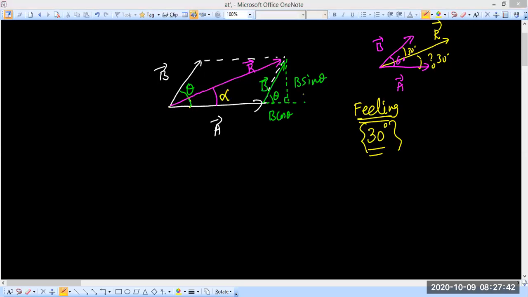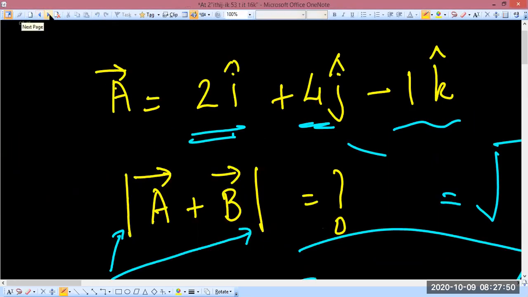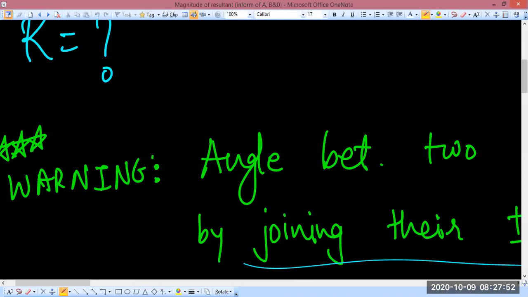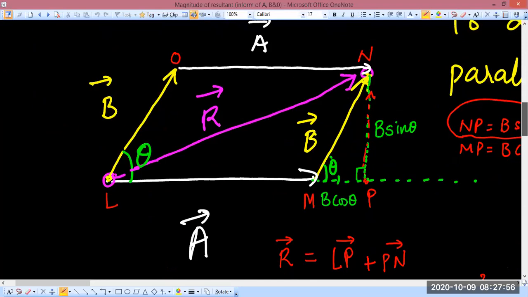Okay, no problem. So if we take this large triangle, I don't remember what label I gave earlier. I'll have to go back and check it. Can I get your diagram? Here. Okay, L and P. Right.